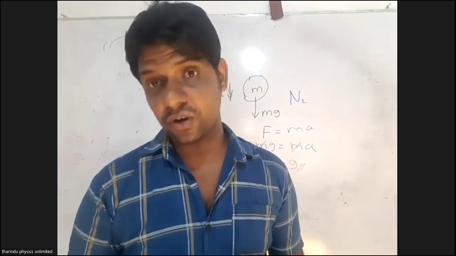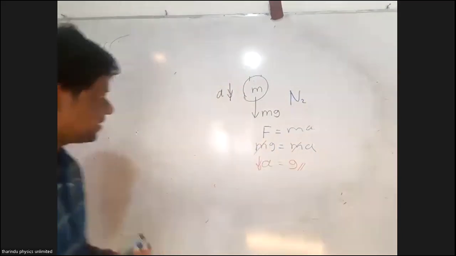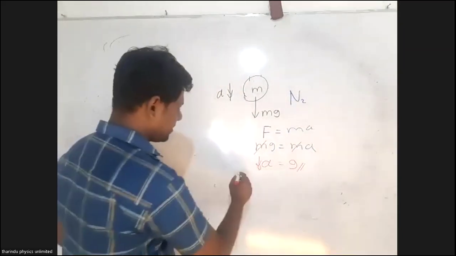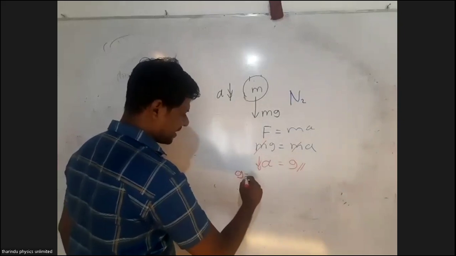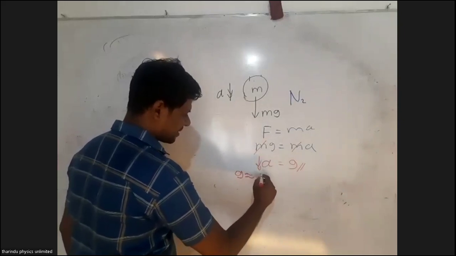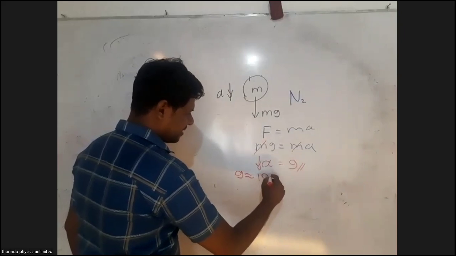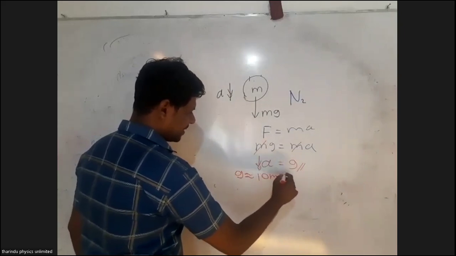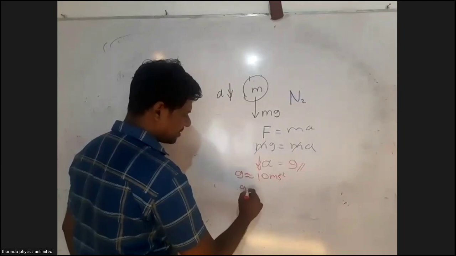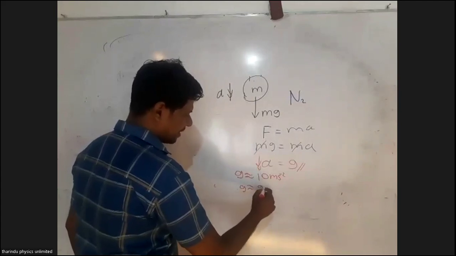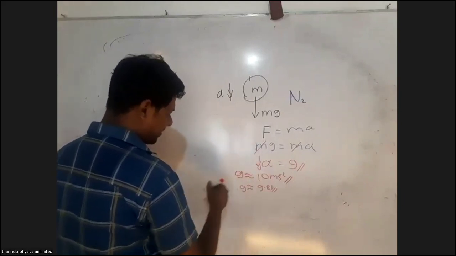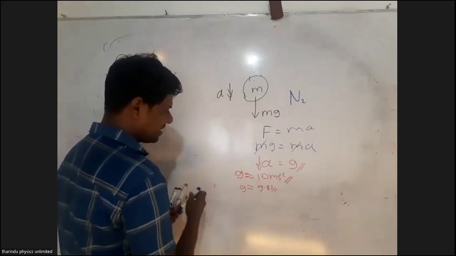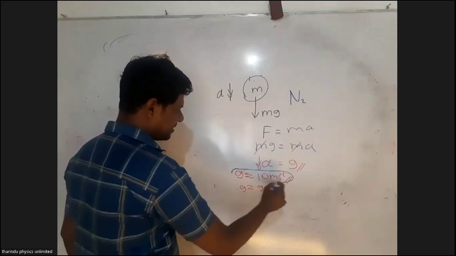It is a fixed constant. So acceleration under gravity is nearly, we can consider nearly, 10 m/s², not exactly, because the actual value is nearly 9.81. But for our calculations, for our easiness, we take gravity as this value.